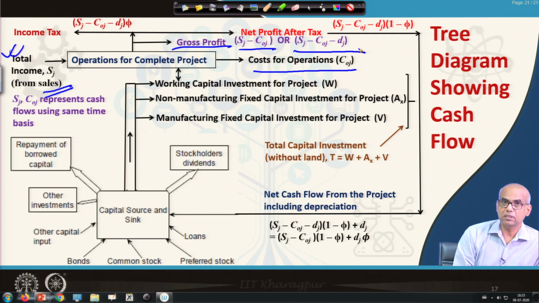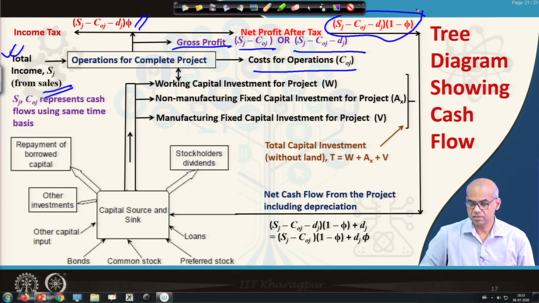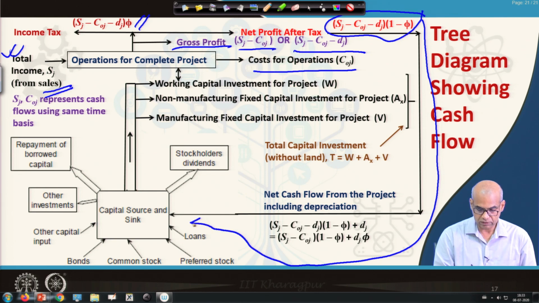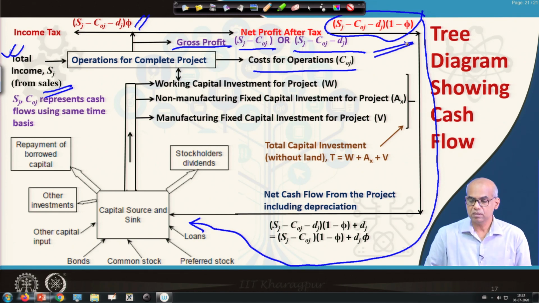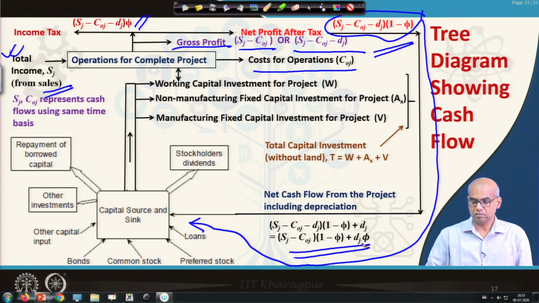This is the income tax that you pay. The remaining part of the profit is net profit after tax, which goes back as the net cash flow from the project. And if you want to include depreciation in this, you add depreciation to this term, which is obtained like this.